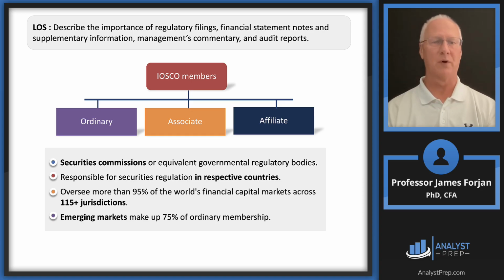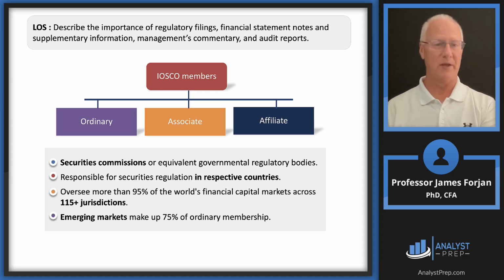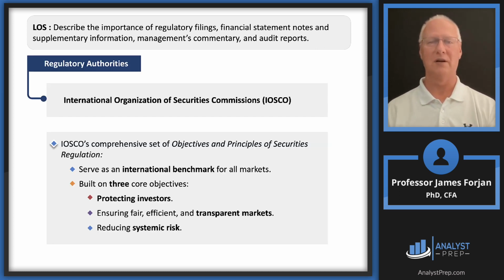These tend to be supranational organizations. The affiliate membership is usually individual stock exchanges or some other kind of exchange. Some of the statistics you can read in those bullet points. Since the Institute doesn't mention associate or affiliate, they just say ordinary, or just regular securities commissions by federal governments, this is probably not a really good exam question.